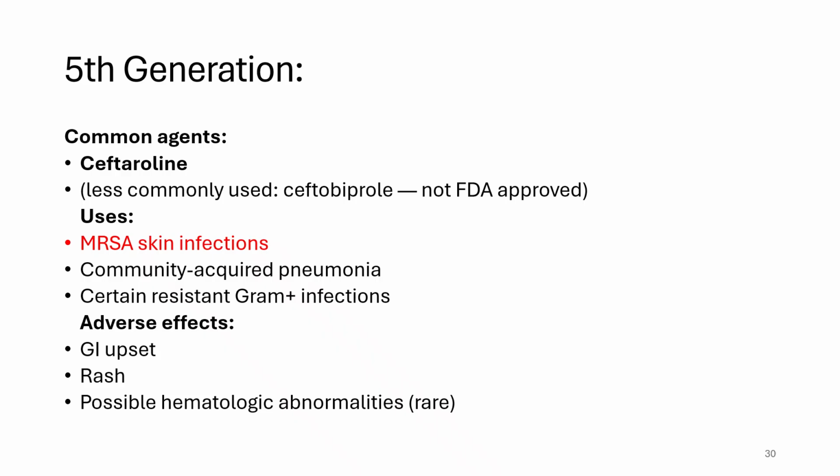They are used for community-acquired pneumonia, certain resistant gram-positive infections. Adverse effects, typical of cephalosporins, which is GI upset and rash. There are also some possible hematologic abnormalities with the fifth generation cephalosporin, but these are rare. If you see a cephalosporin that covers MRSA, you're going to be thinking of the fifth generation.